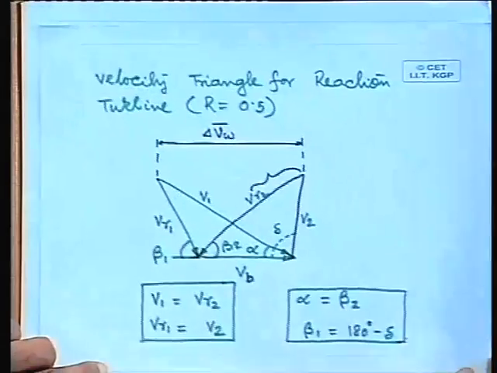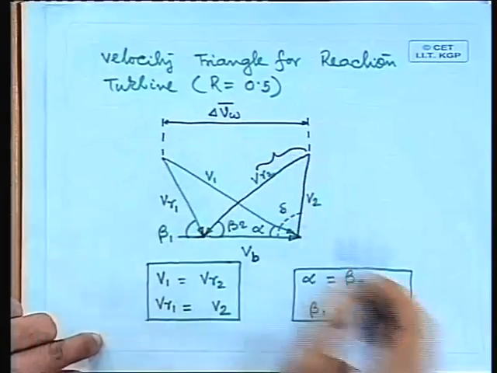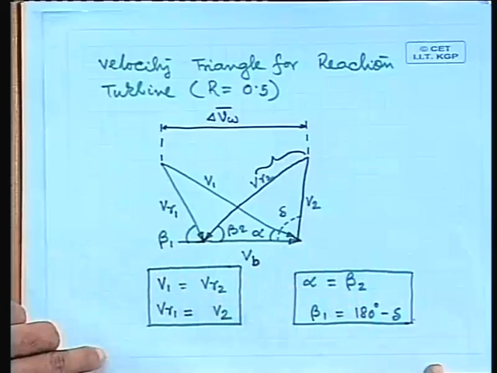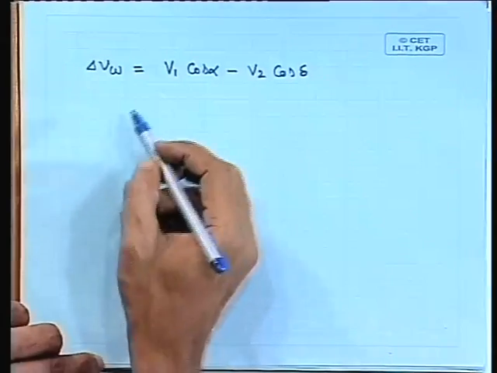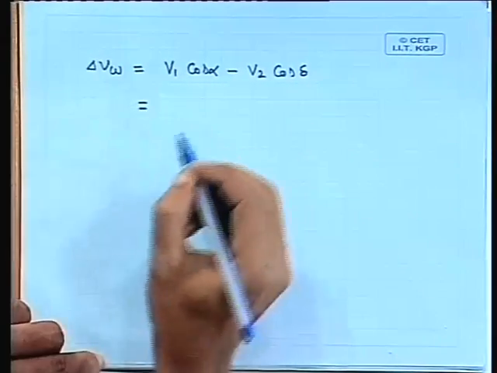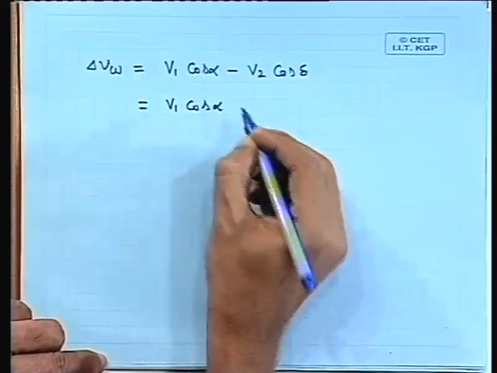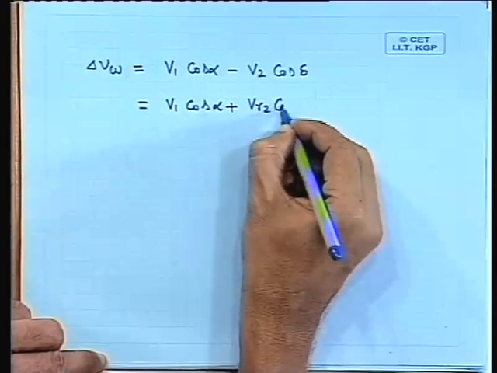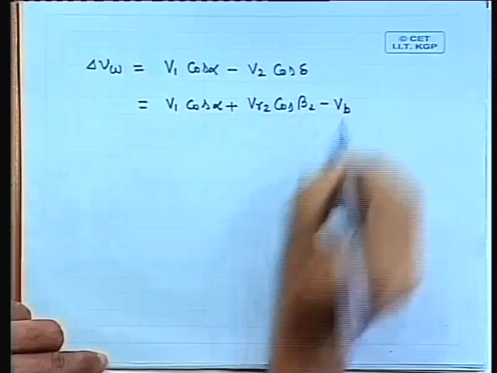So, del V omega I have shown here, and that is V1 cos of alpha minus V2 cos of delta, and from there we can get basically V1 cos of alpha plus VR2 cos of beta 2 minus VB.